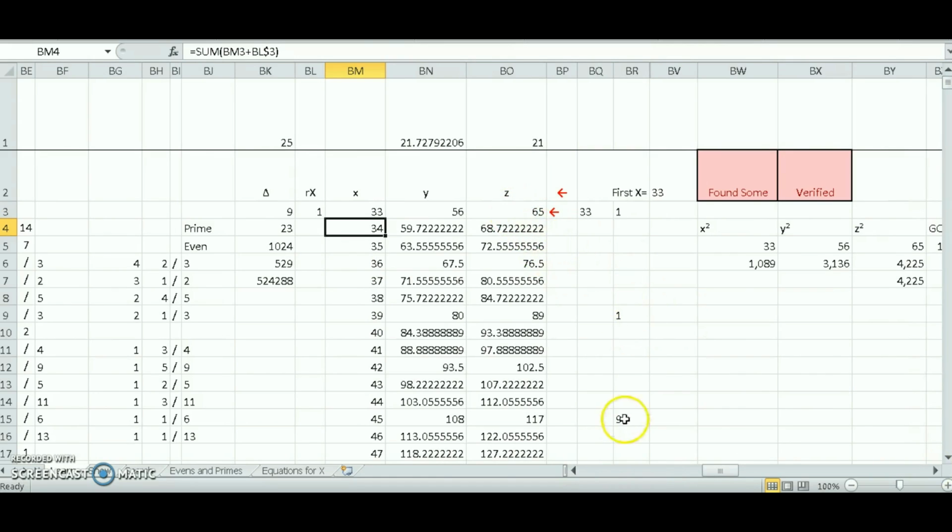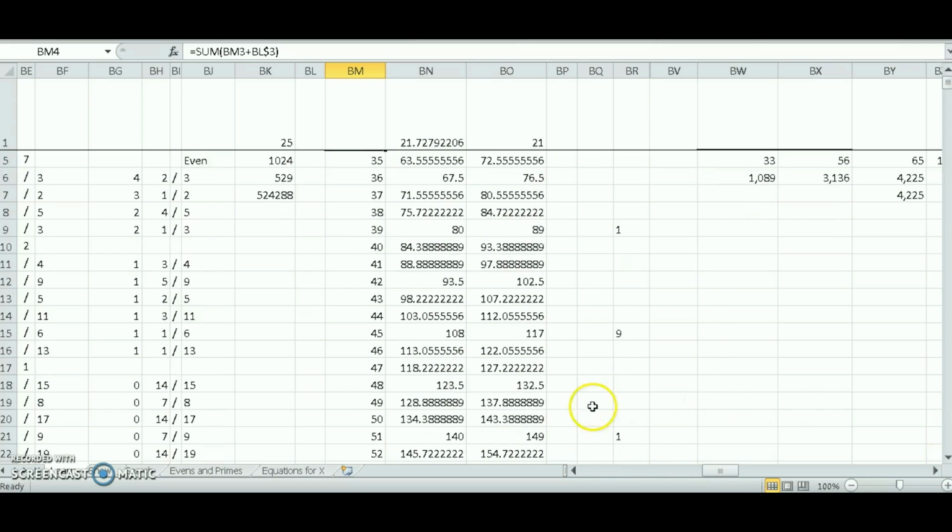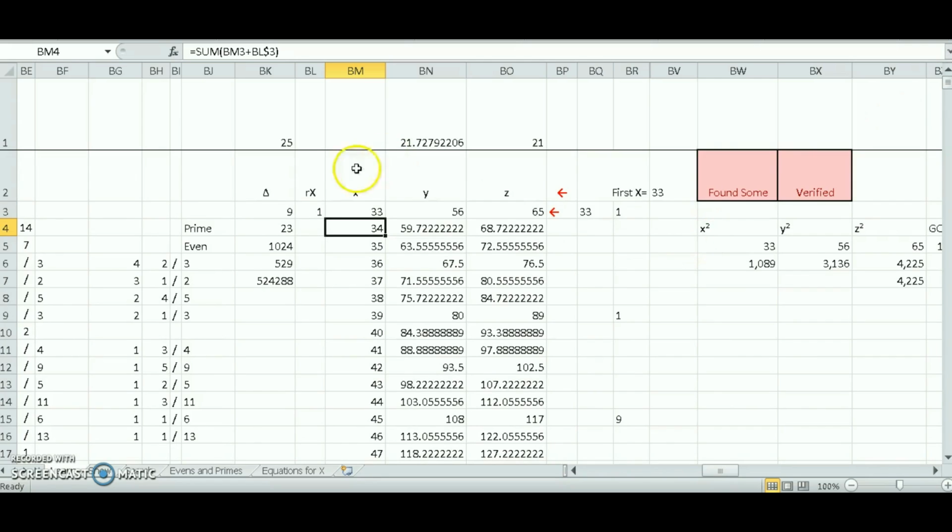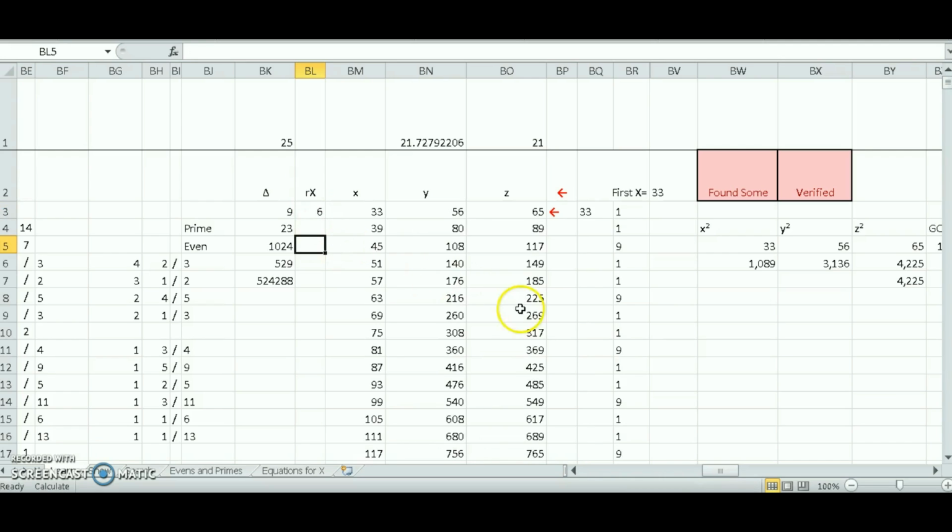Okay, so we see that 33, of course, works right off the bat. And going all the way down here, the next one that works is 39. Let's quickly do the math. 6 numbers? Oh, yeah, it was 6 numbers. It wasn't 51, it was 39. Well, anyways.